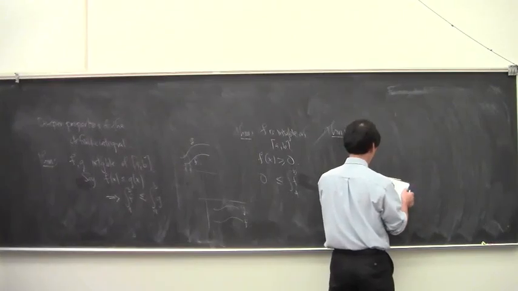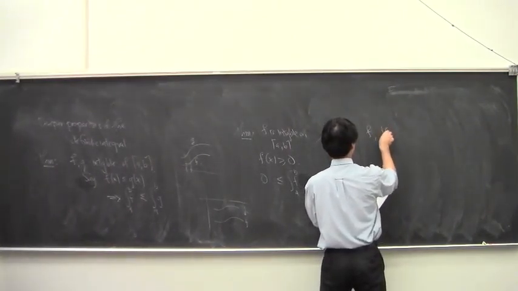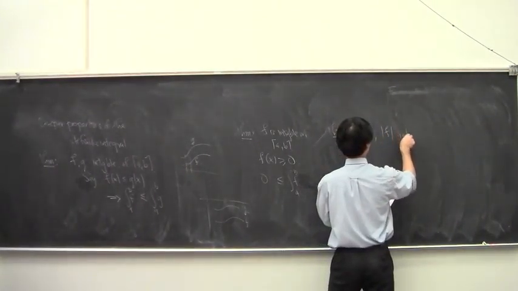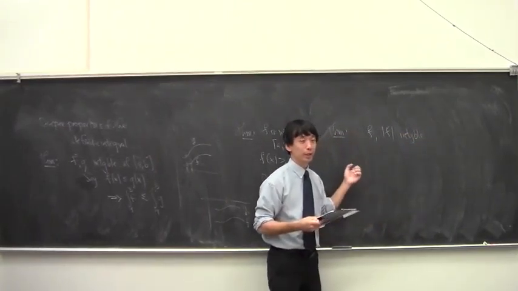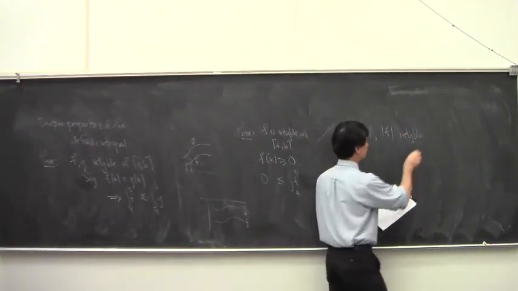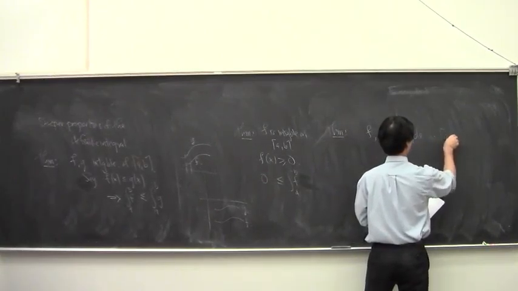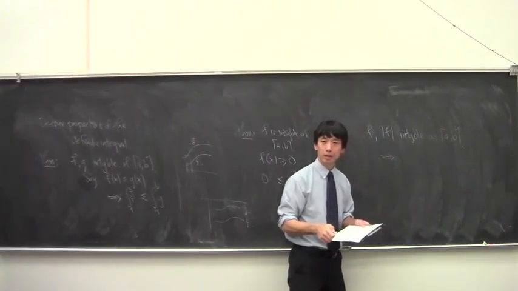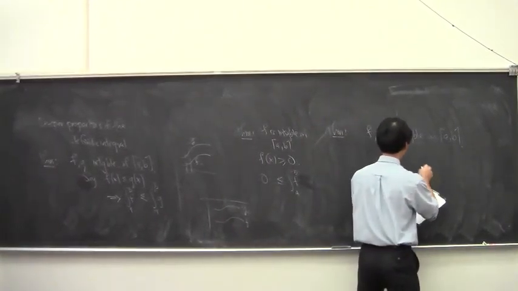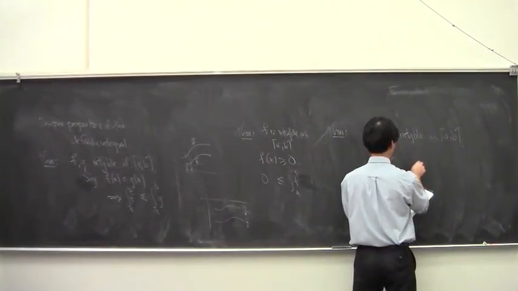Okay. The last one. If you know that f and the absolute value of f are integrable on [a,b], then what can you say? This one is the hard one, and maybe the most important.